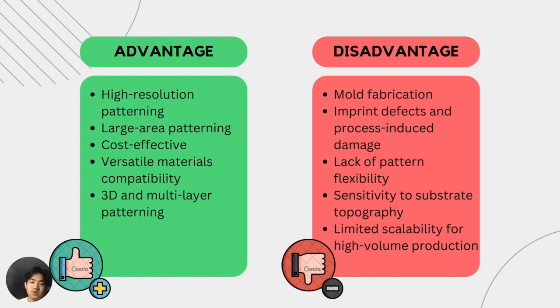So there are also five disadvantages. First one is mold fabrication. Second one is imprint defects and process-induced damage. Third one is lack of pattern flexibility. Fourth one is sensitivity to substrate topography. And the last one is limited scalability for high volume production.